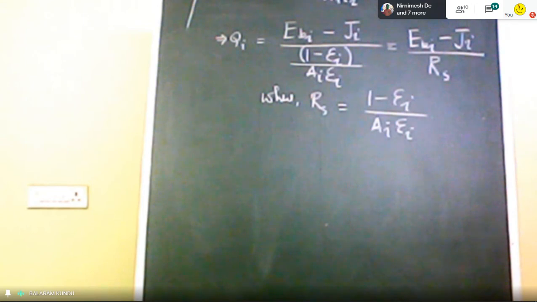So RS should be 0, surface resistance equal to 0 for a black body. For a real body, surface resistance is there. When radiation heat exchange takes place from a real body, due to surface resistance, heat transfer decreases.